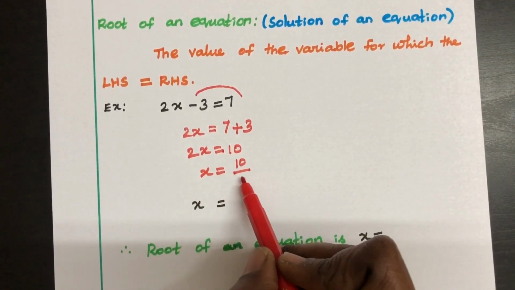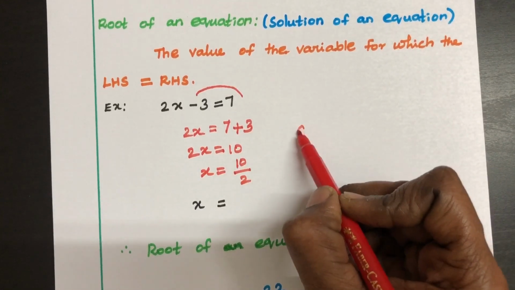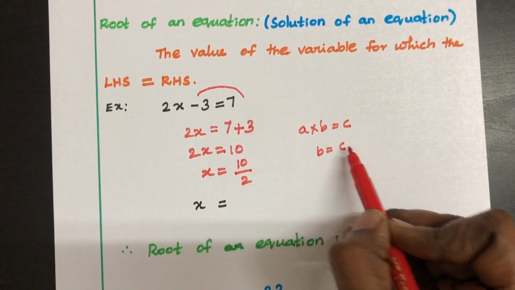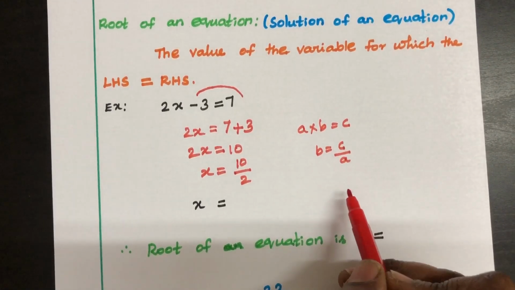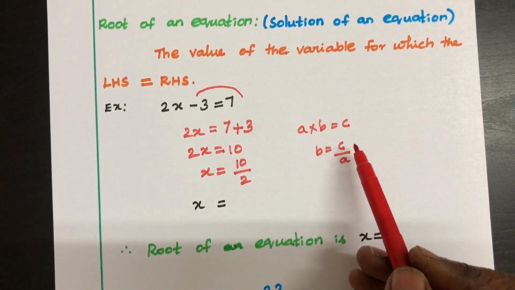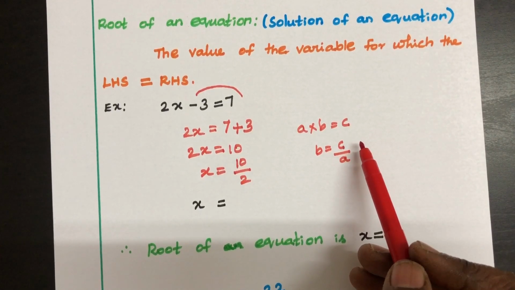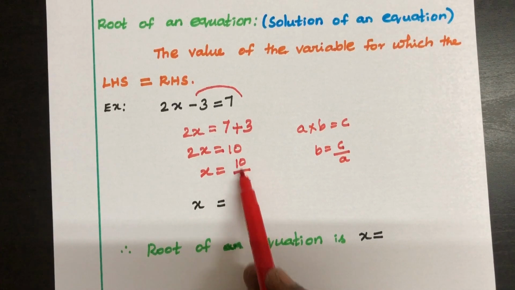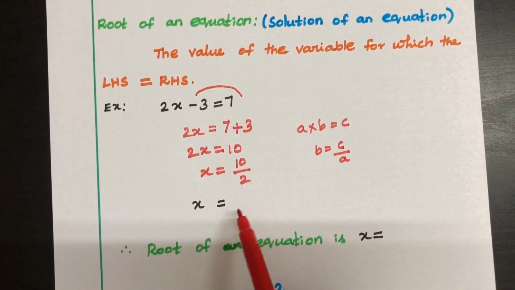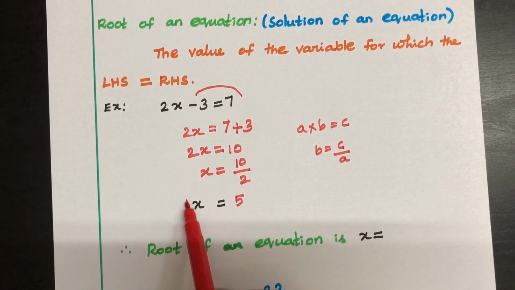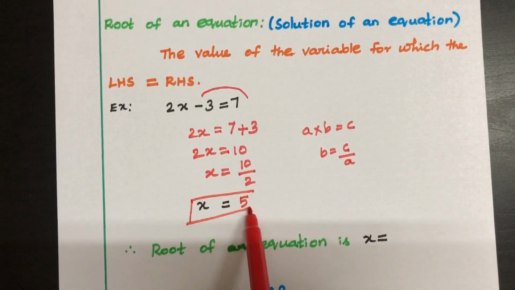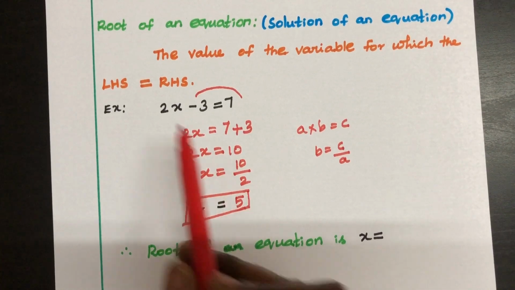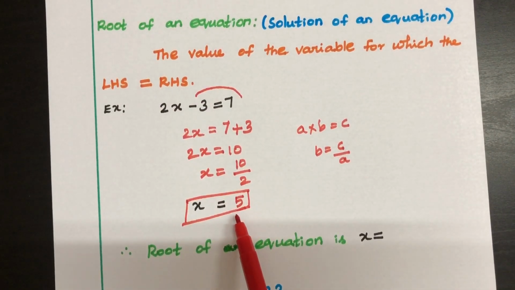See, a into b equal to c, b is equal to c by a. It is a formula which I have already given in our multiplication of integers video. If we divide 10 by 2, we will get 5. So the solution or root of the equation is x equal to 5.